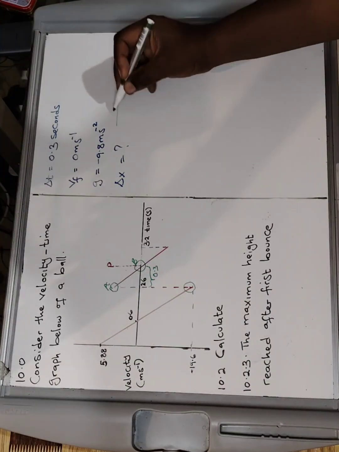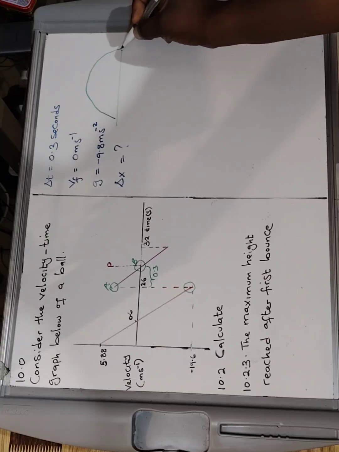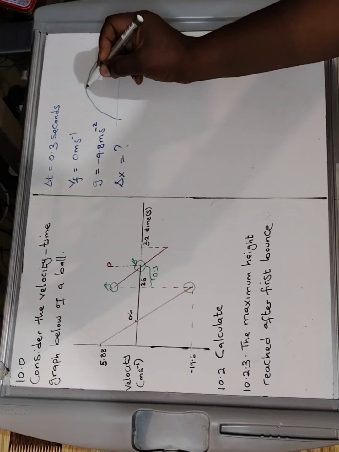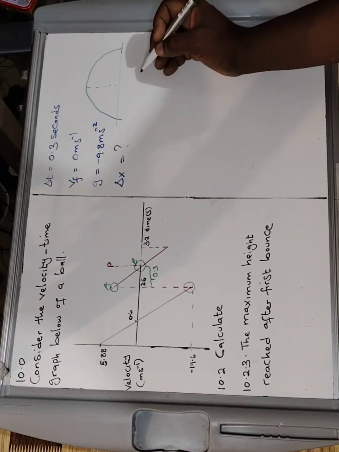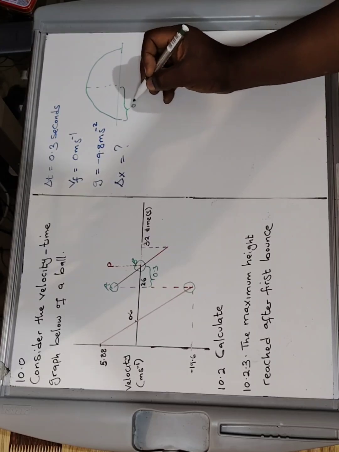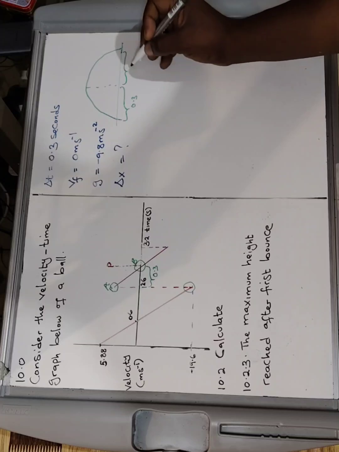The ball moved like that. In other words, it bounced, reached maximum height, then came down. And you have to remember that this time interval, we found it as 0.3 seconds, and the same applies to this one.